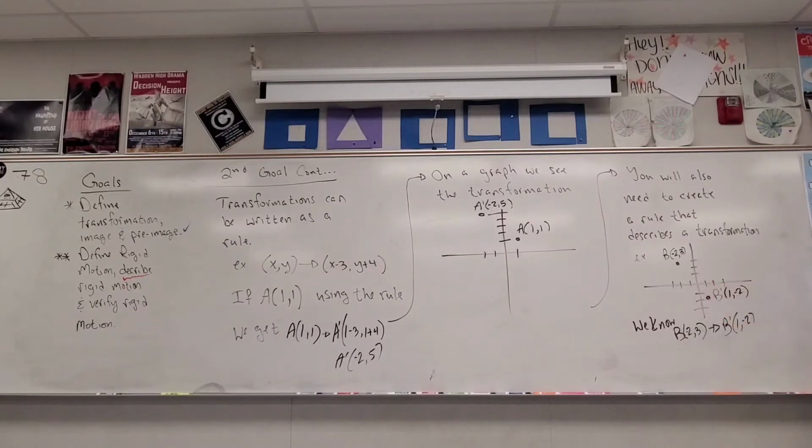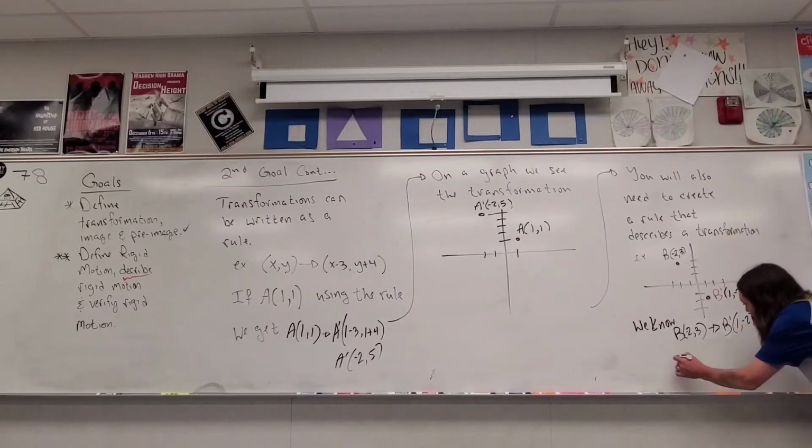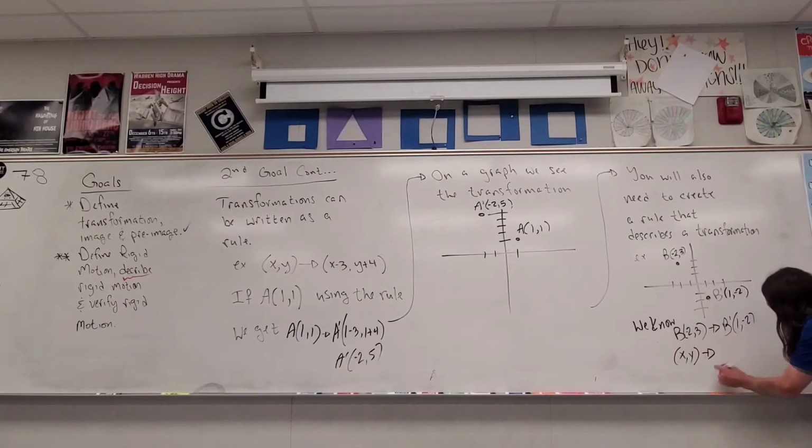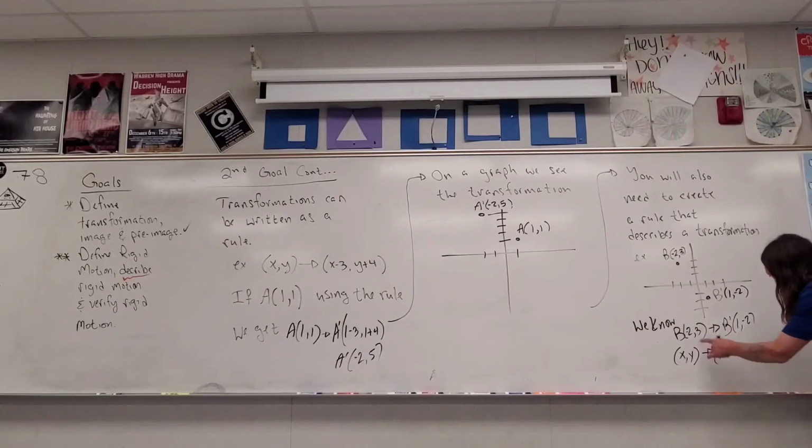You have to add 3, right? So that means that the x we start off with becomes x plus 3. And right now we're just going to be adding or subtracting. And how does 3 turn into a negative 2? Well, I need to take away 5, so it's going to be y minus 5.